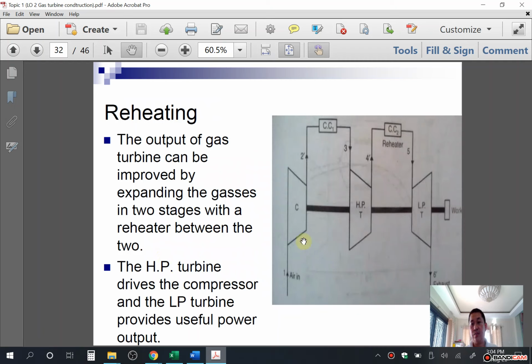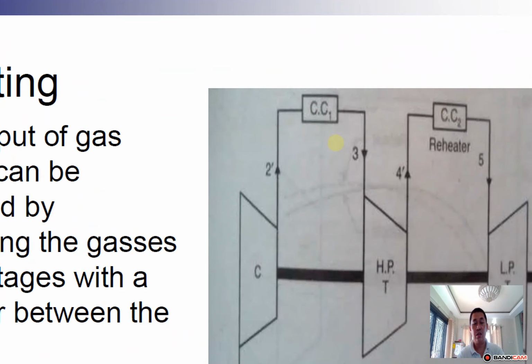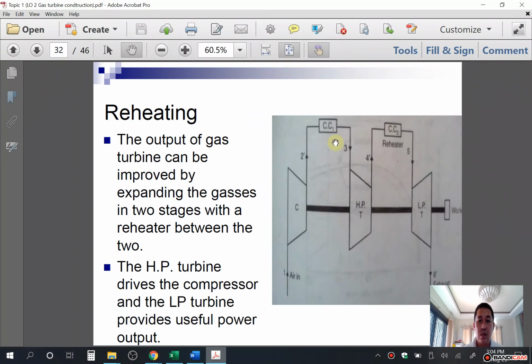After passing the compressor, the air is being cooled by the intercooler before entering the high pressure turbine.